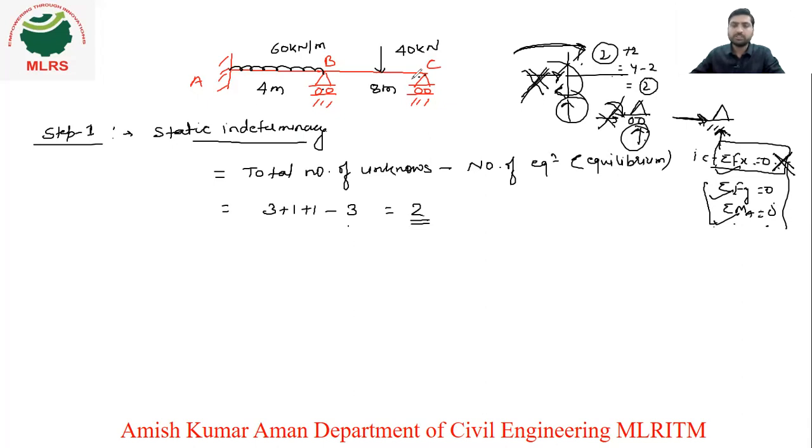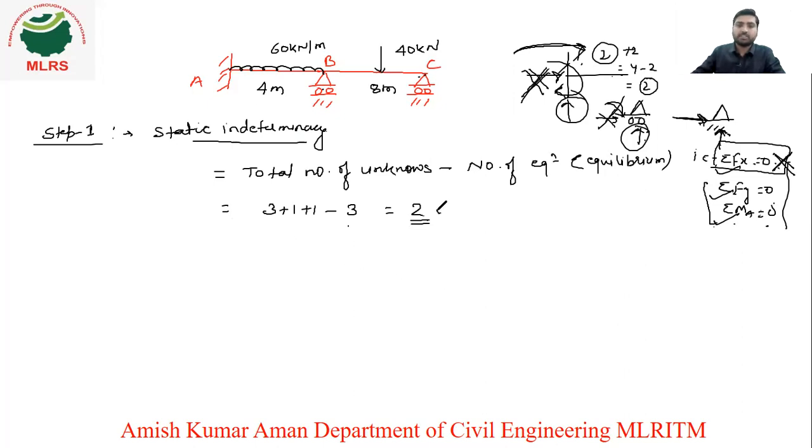Because in some questions there might be a difference. Without neglecting the axial deformation you might get static indeterminacy as 1, but if you calculate after neglecting axial deformation, it might be 2. So the best thing is to use after neglecting the axial deformation.